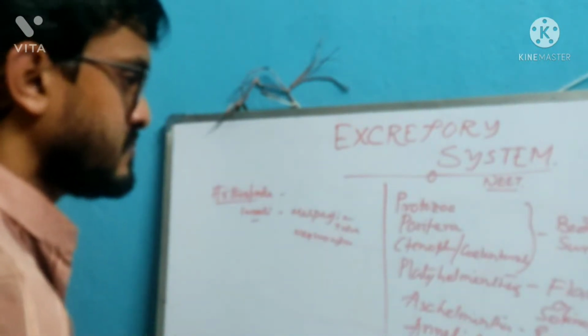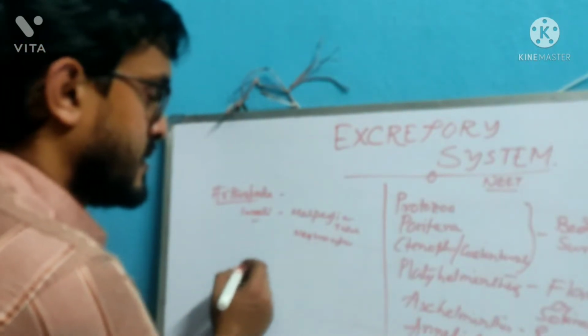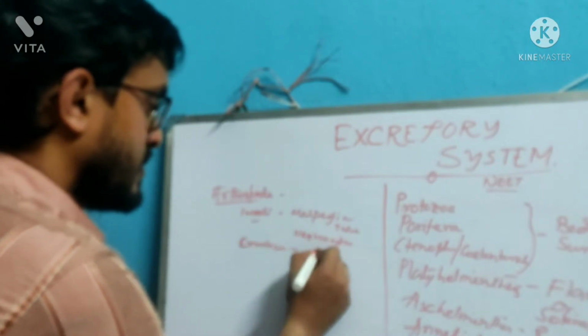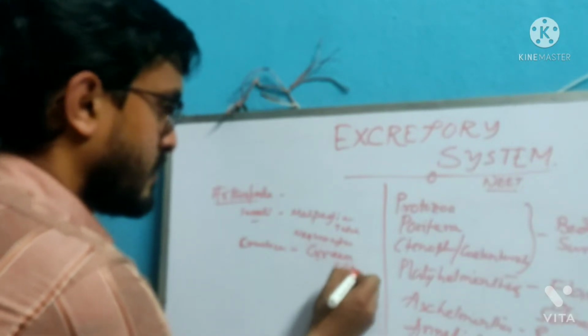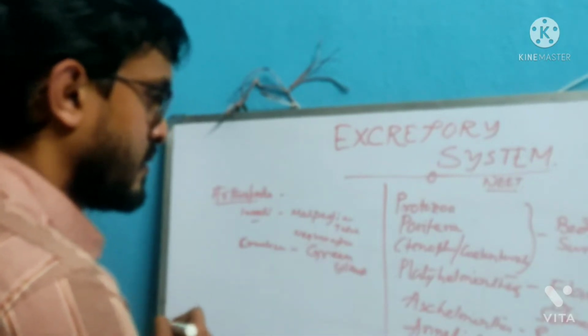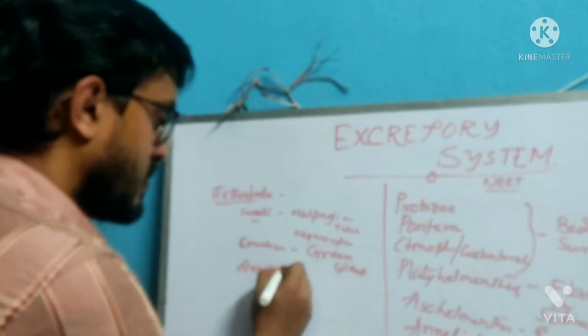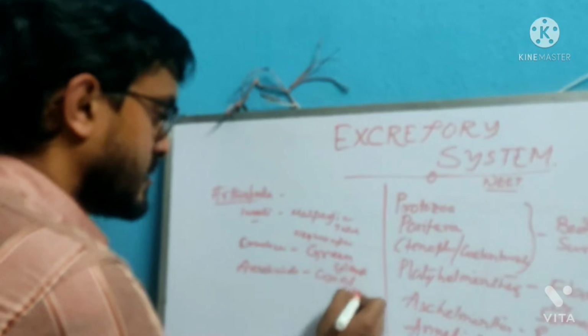In the case of crustaceans, they have the green gland. In the case of arachnids, they have the coxal gland.